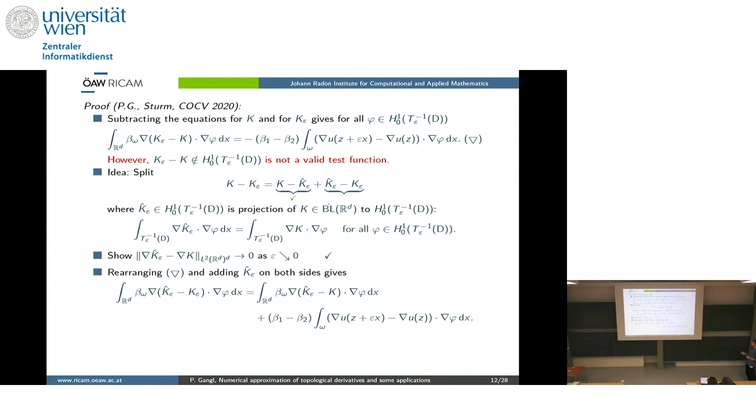And then you can rearrange this equation with the triangle inequality in such a way that you estimate k epsilon hat minus k epsilon. And here you can now insert k epsilon hat minus k epsilon as a test function and do the standard trick and get that both parts go to 0. And yeah, so this is the idea of the proof, to introduce this projection here.